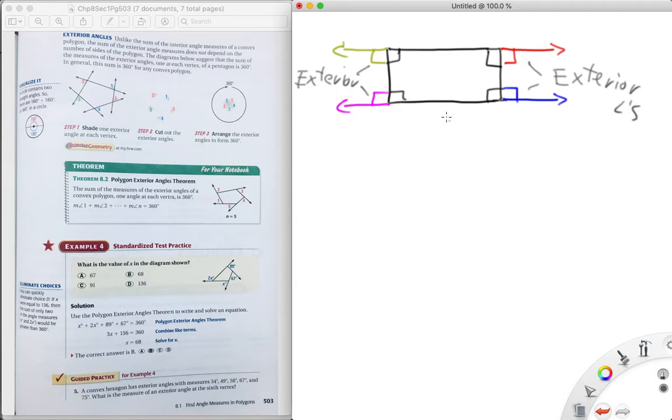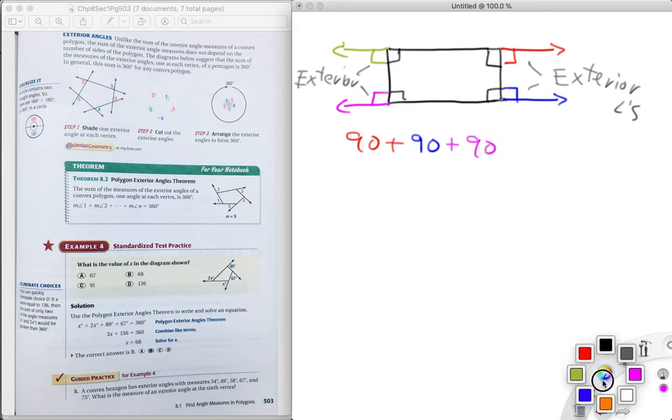And if I were to add all the exterior angles of a polygon, in this case it would be 90 plus 90 plus 90 plus 90, so 4 times 90, I would get 360 degrees.